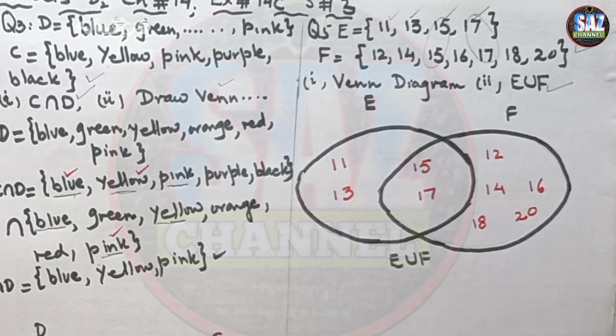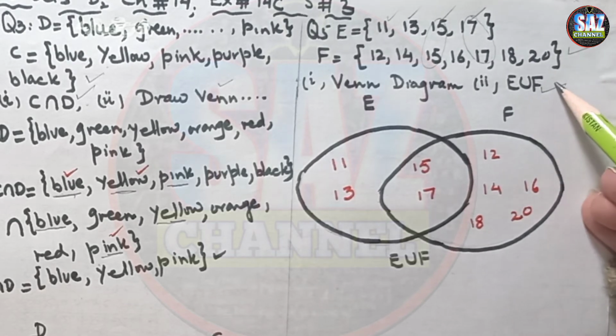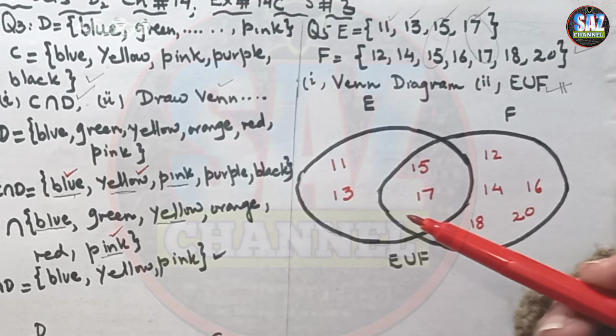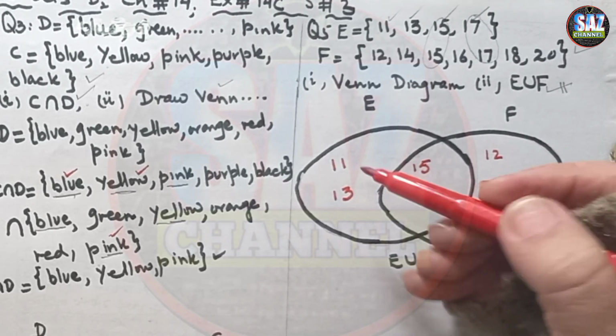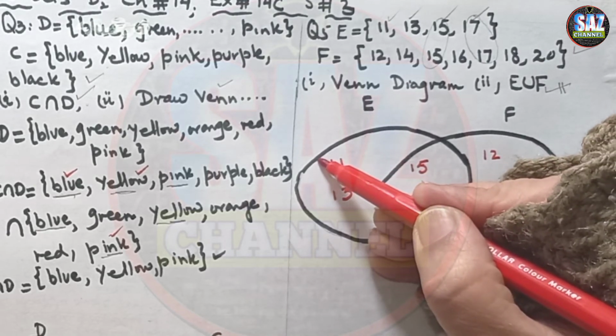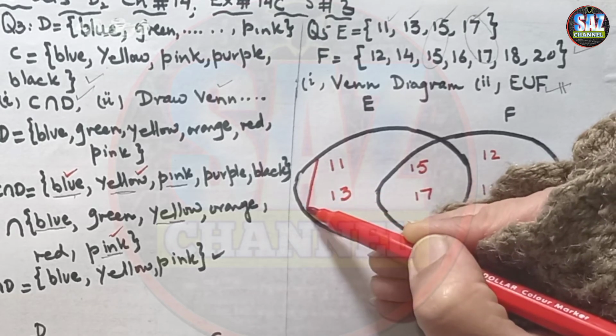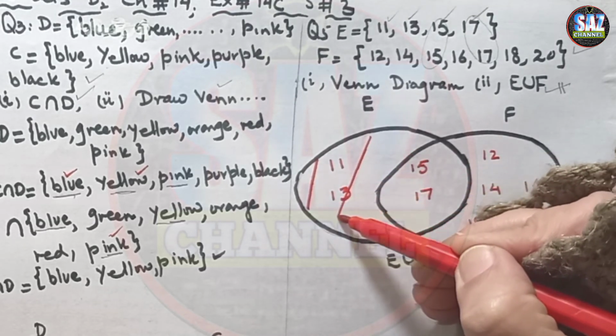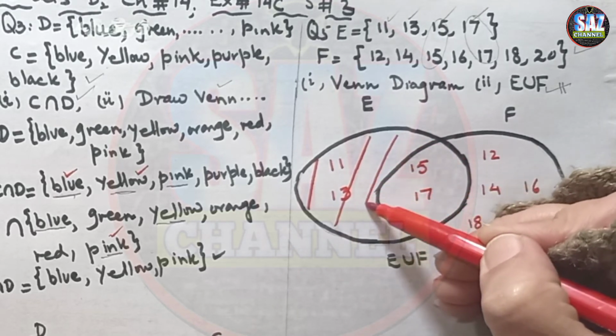And now the question says that we have to find the union of these two sets. Recall the concept of union: union means the collection of all elements. So for the union, we need both the sets. Where and how am I going to shade for the union? Union will contain both the sets, so my shading will be coming on the entire diagram.